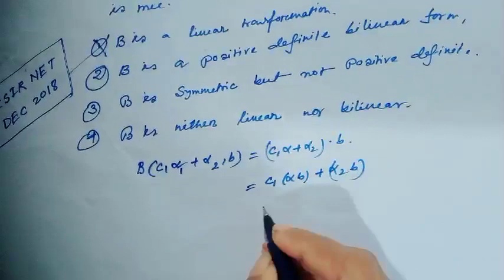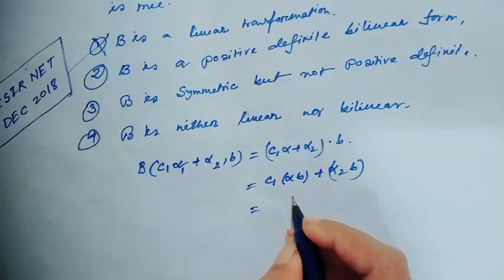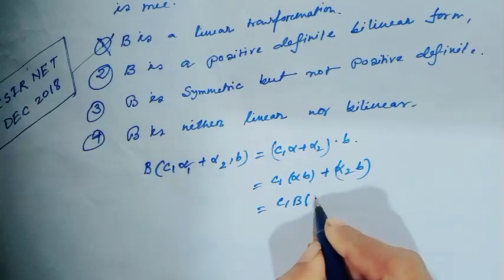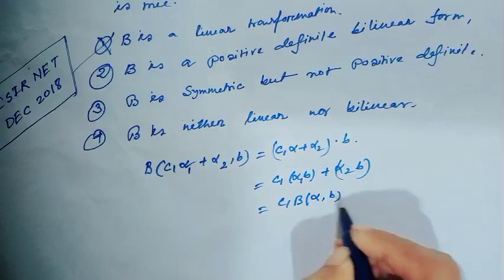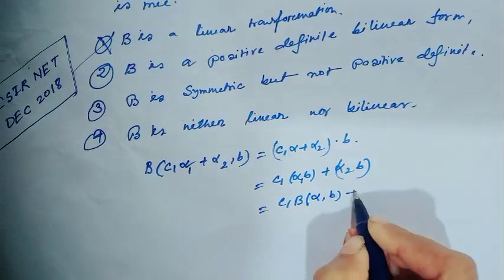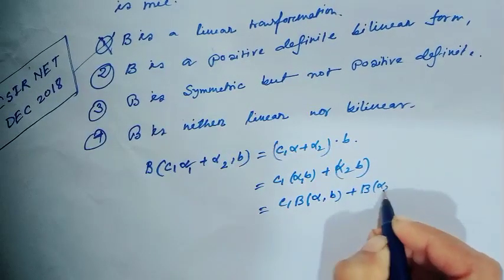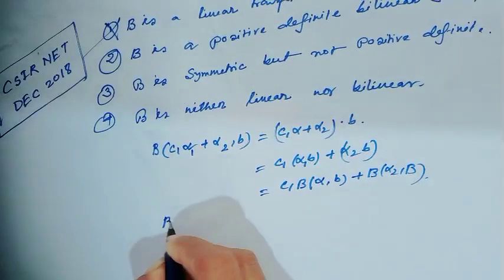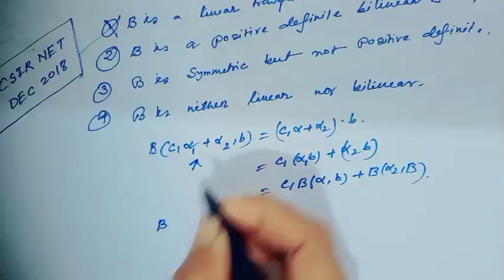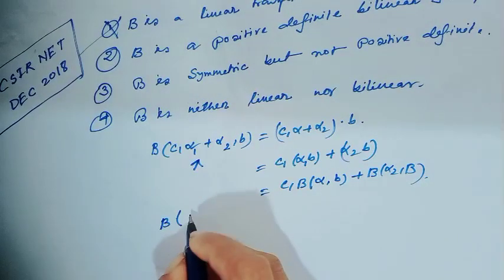Okay, and by definition this is equal to B of (alpha1, b) plus B of (alpha2, b).